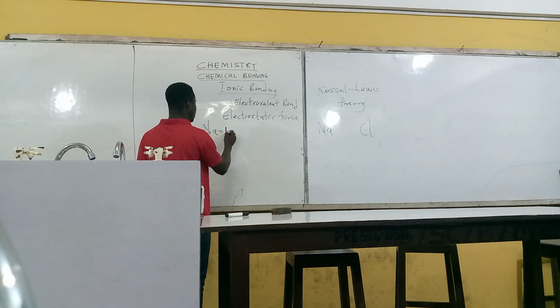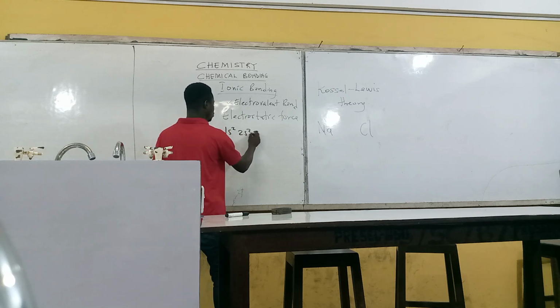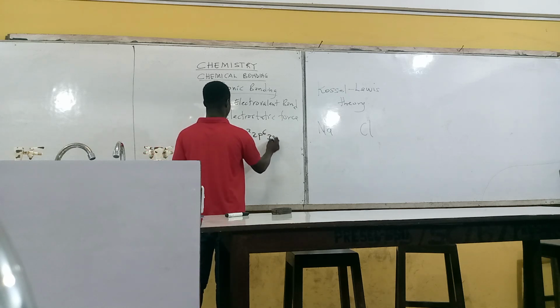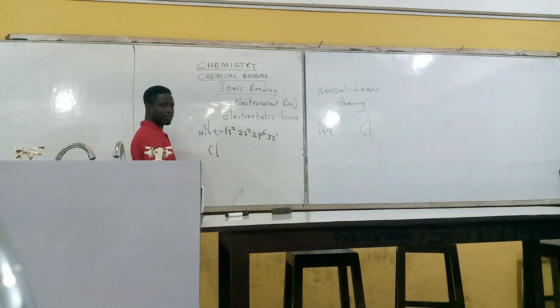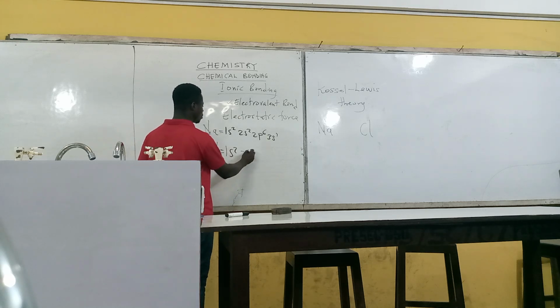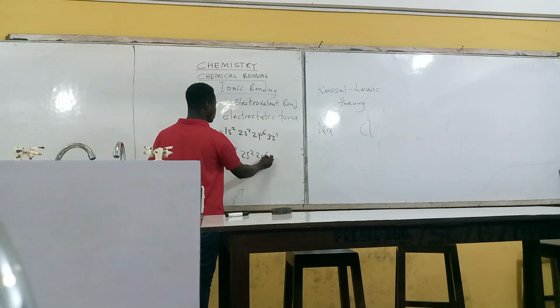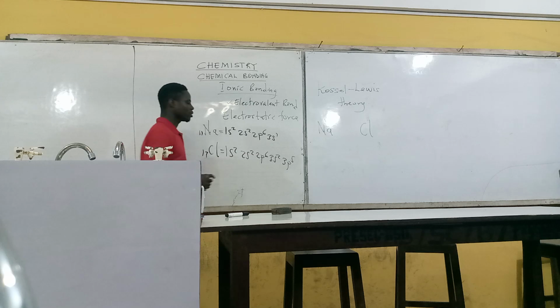So let's look at this: 1s2, 2s2, 2p6, 3s1. This is the electronic configuration of sodium. Now let's look at that of chlorine. Sodium has atomic number 11. Chlorine has atomic number 17. So in writing this, we are going to get 1s2, 2s2, 2p6, 3s2, then 3p5.